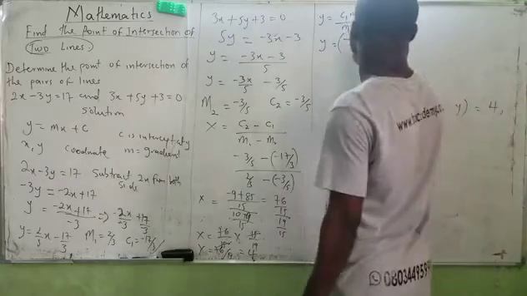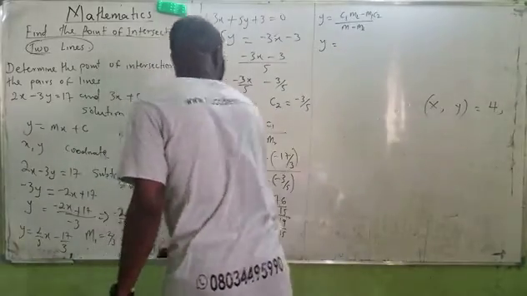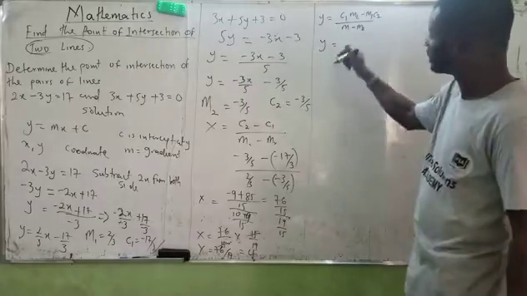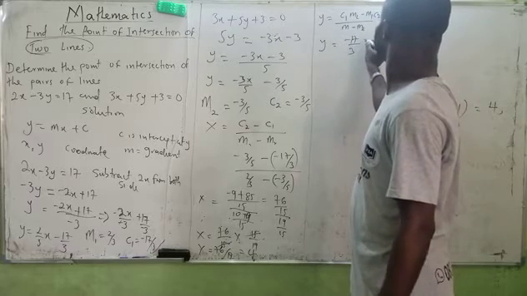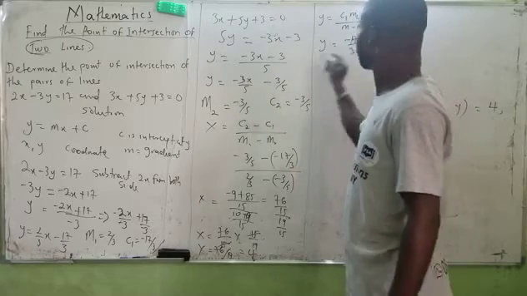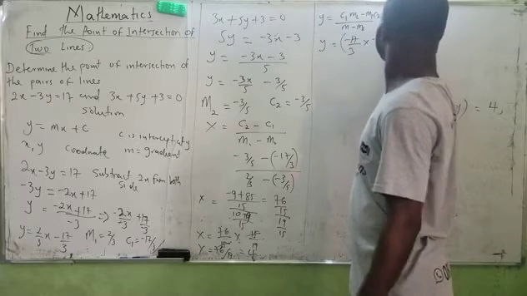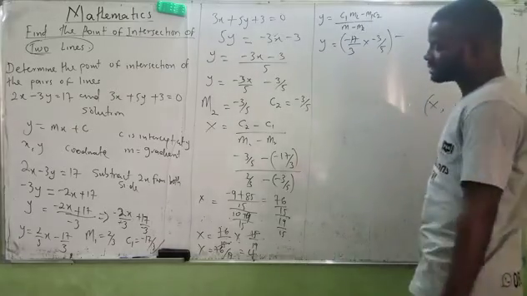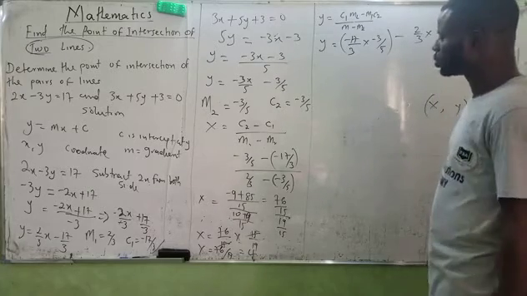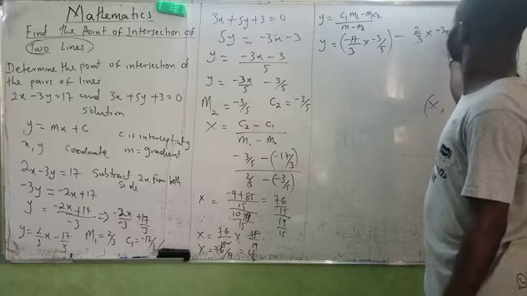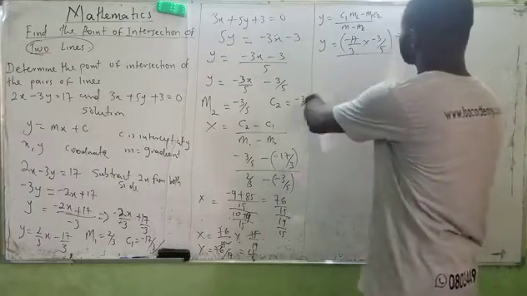Sorry, I want to avoid making mistakes so that this video will not be wasted. Now, my C1 is given as 17 all over 3 multiplied by my M2, given as minus 3 all over 5, minus my M1, given as 2 all over 3, multiplied by my C2, given as minus 3 all over 2, divided by my M1 minus M2.